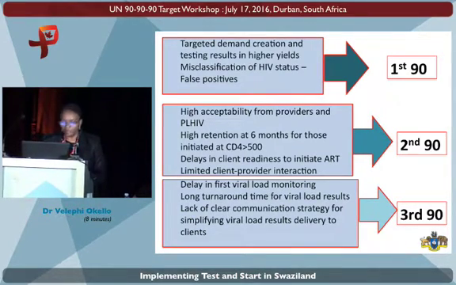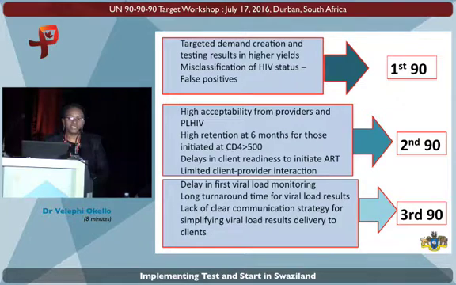Lastly, a clear communication strategy. We need to make sure that our clients really understand what we mean by undetectable viral load so that they are motivated to accept or to demand viral load testing. We saw a situation whereby in CD4 testing, our clients were demanding CD4 tests because they associated CD4s with their soldiers in the body.